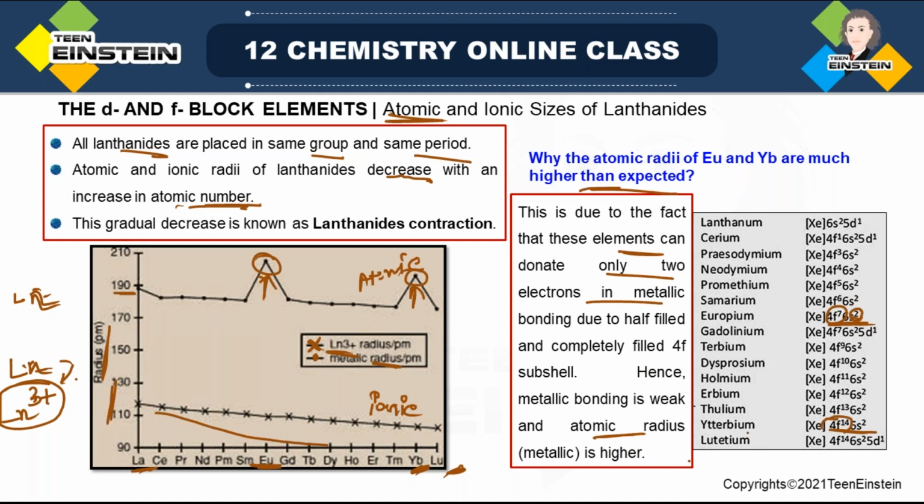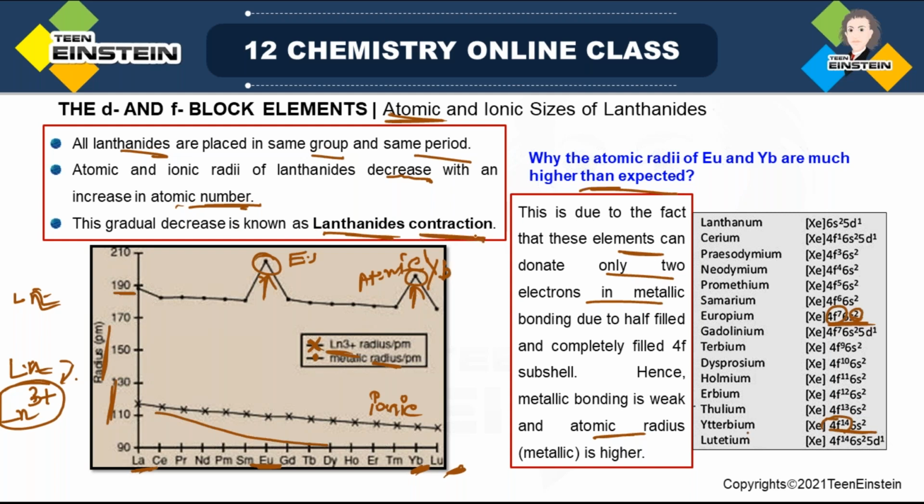Okay, so remember, for ionic radius, there is a smooth decrease, but when it is atomic radius or metallic radius, this also decreases, but there is a discrepancy at europium and ytterbium. Except these two, there is a smooth decrease. And the smooth, gradual decrease is known as lanthanide contraction.